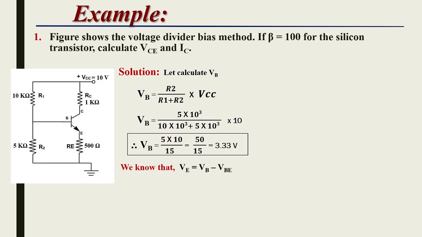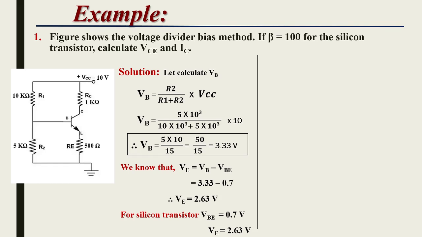Now we have to calculate the output voltage. For that, VE is given by VB minus VBE, and we know that VB we just calculated is 3.33 volt, and VBE is 0.7 volt, as this is a silicon transistor. So we can calculate VE equal to 2.63 volt.